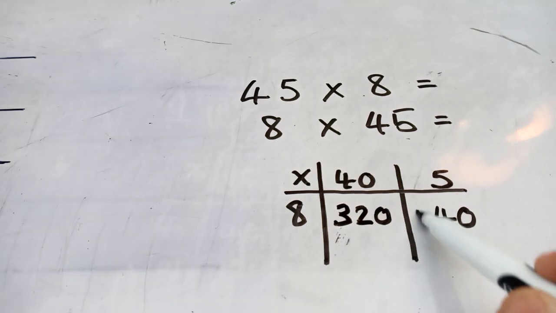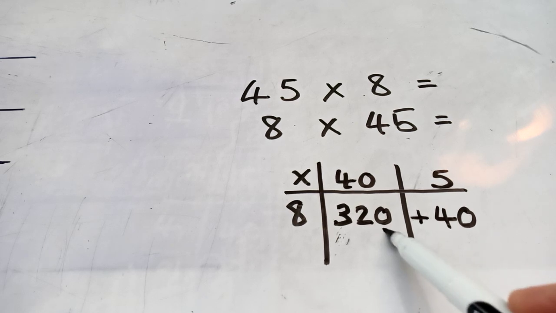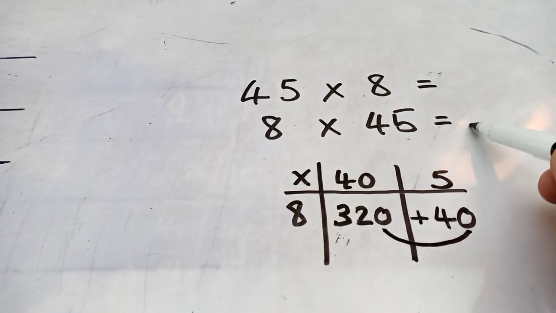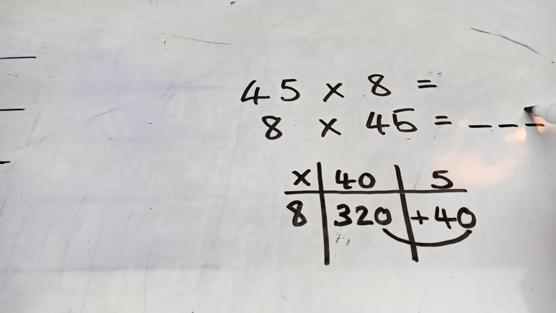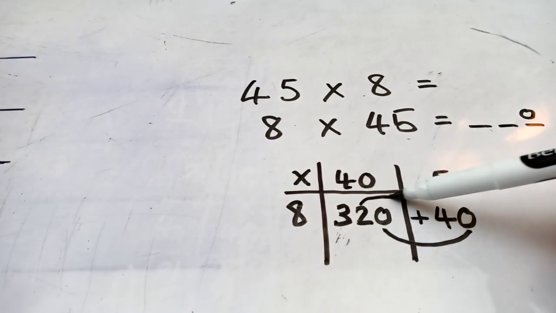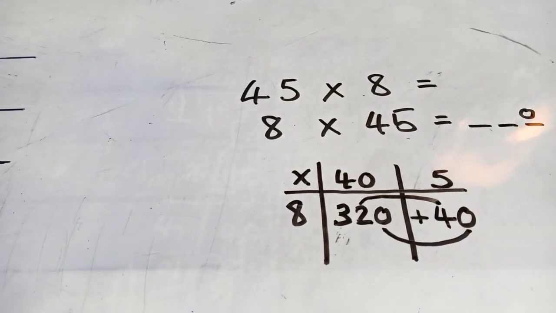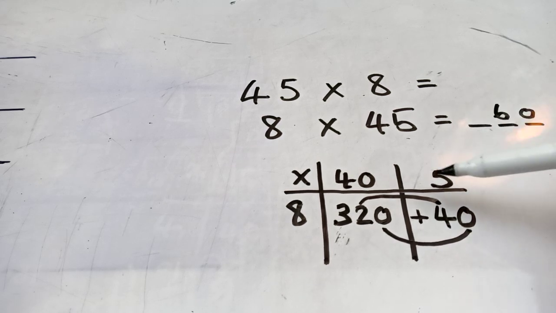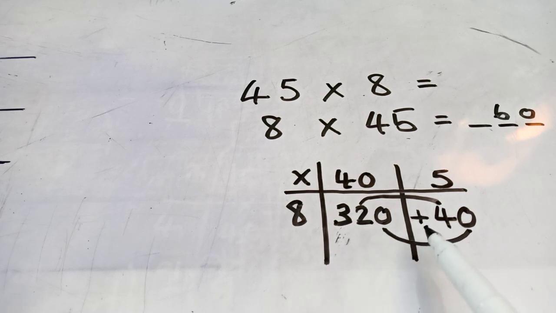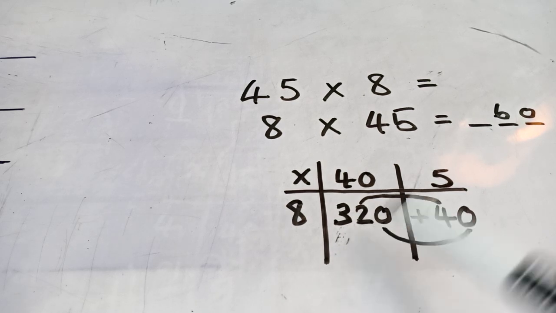What's 320 now add 40? Well, no ones add no ones is no ones. 2 tens add 4 tens is 6 tens. And then, what have we got left? Oh, 300. 300s add, oh, no hundreds, so it's just 300.